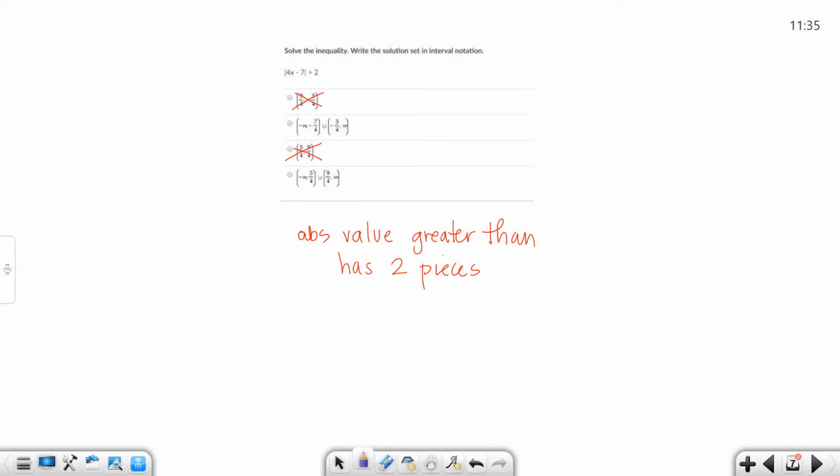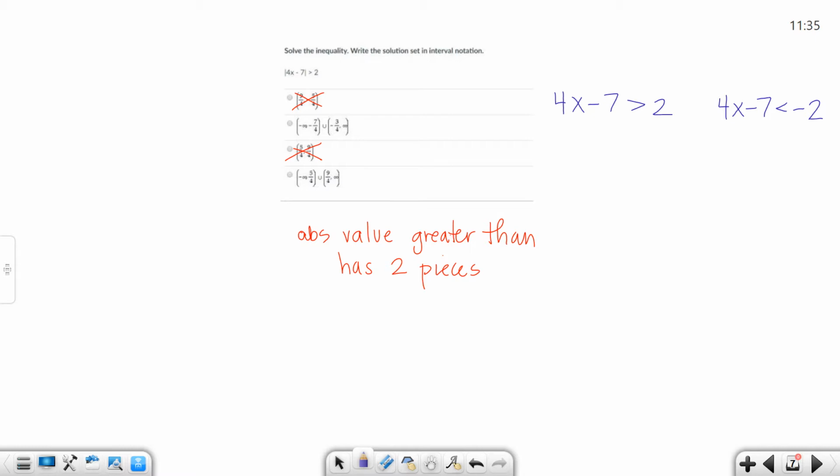Now here's how you work it. If you want to work it the formal way, you're going to take 4x minus 7 and set it greater than 2. You will also take 4x minus 7 and you'll flip it and change it. So that's why you're going to have two pieces, because you have two inequalities.